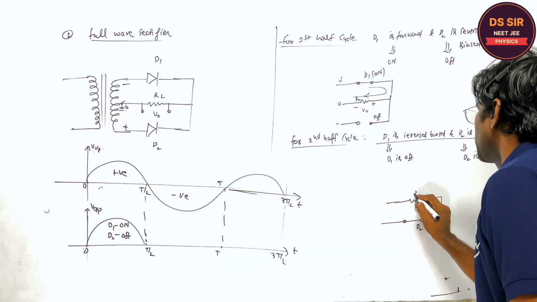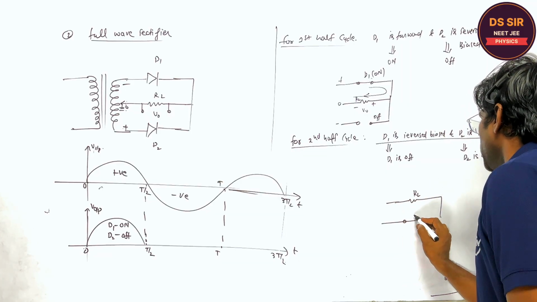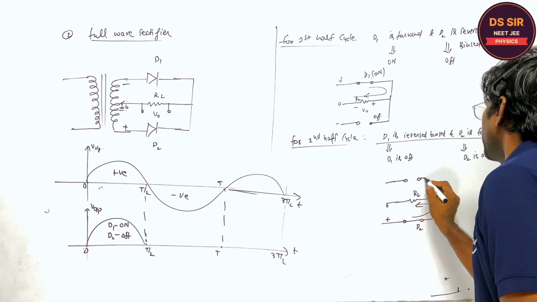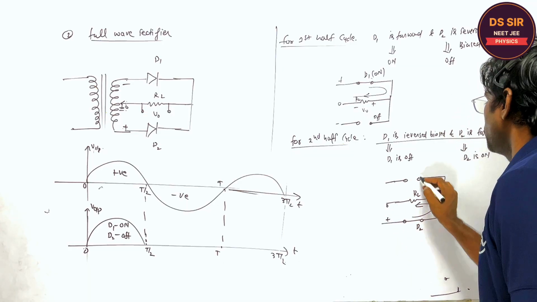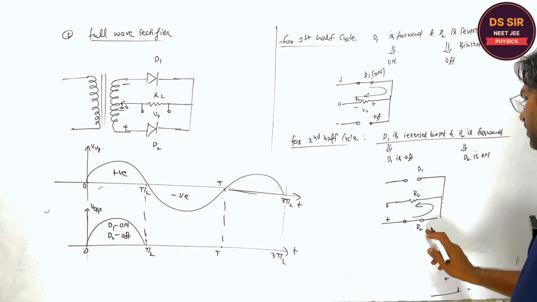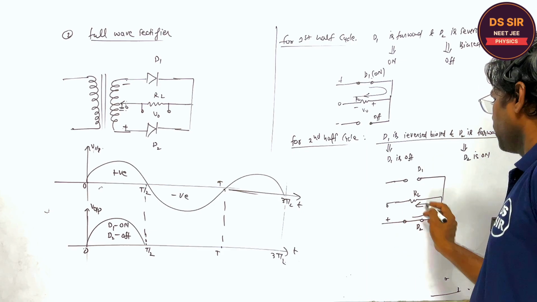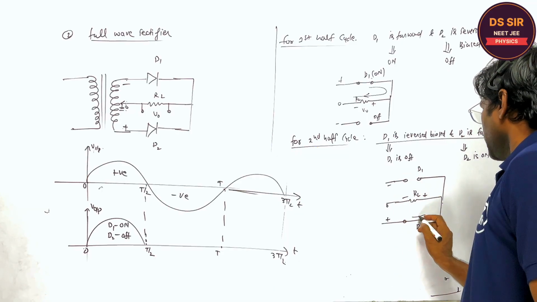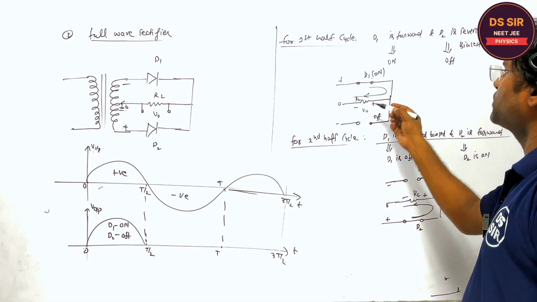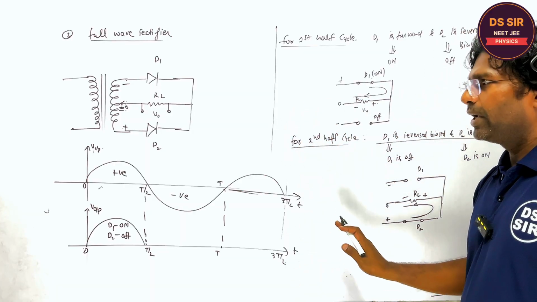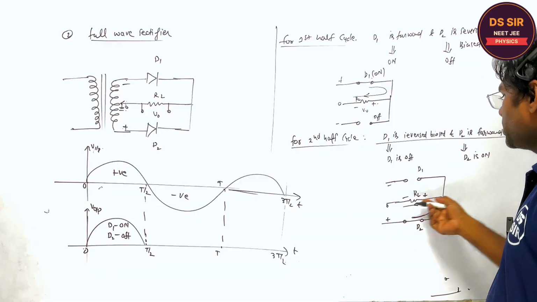In this case, it is plus, it is 0, and this diode is D1, which is off, and D2 is on, and the current flows in this way. Again, listen, the current in this resistance flows from left to right. So what does it mean?